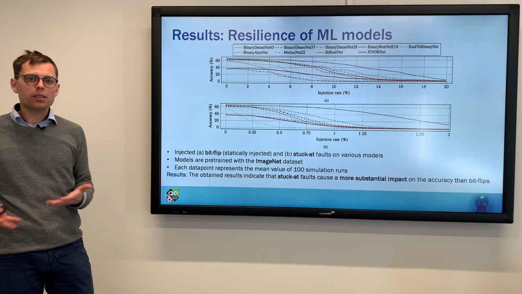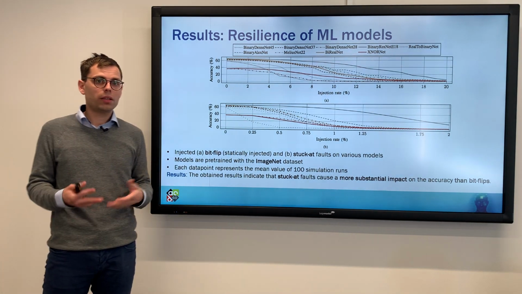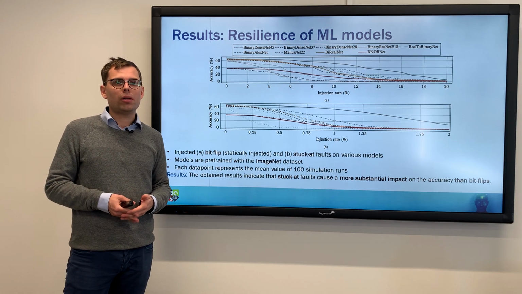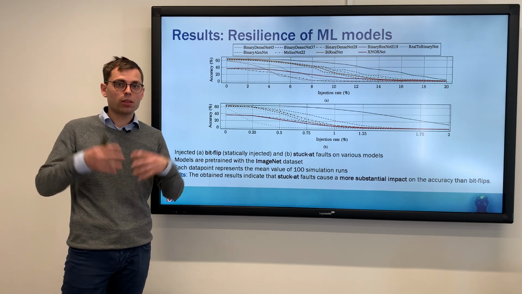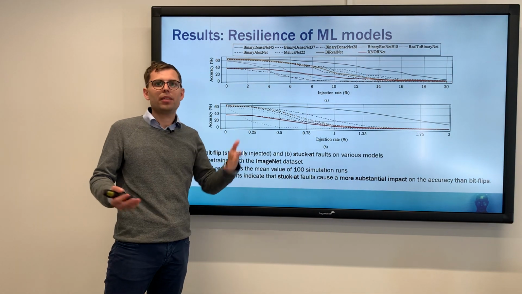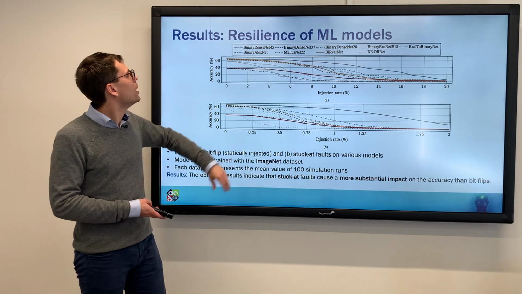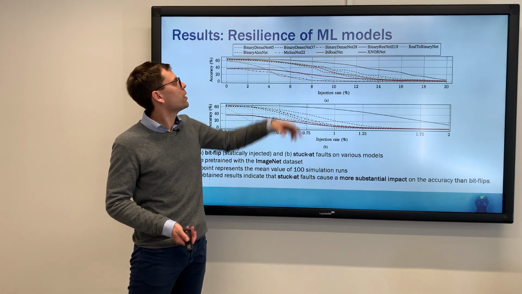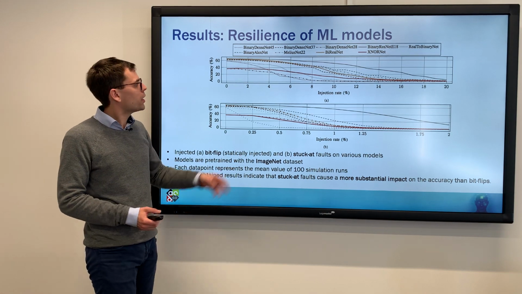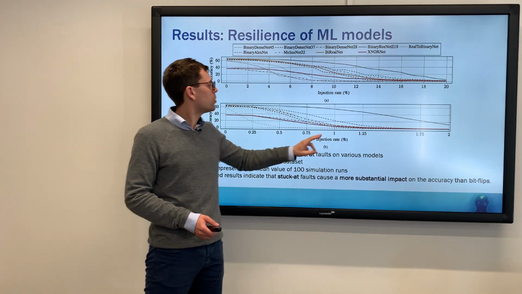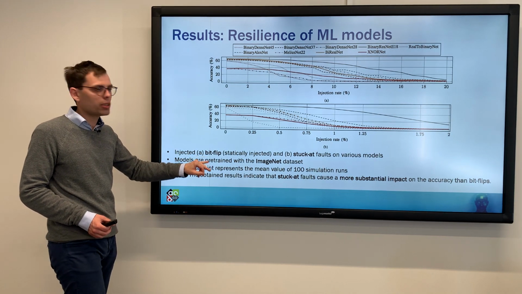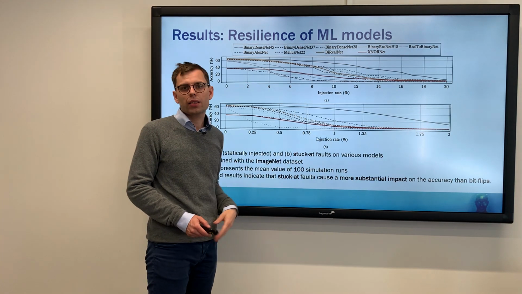Okay, and this nice simulation speed can now be leveraged to run the whole ML model, to see how resilient the ML model as a whole is to faults. We have tested different ML models here, not only MNIST and LeNet, which is simple, I know. You can see dense AlexNet and different other XNOR nets for the binary input, and on the x-axis you see the injection rate of different faults. On the top we have the bit flip that is statically injected, and on the bottom the stuck-at faults.